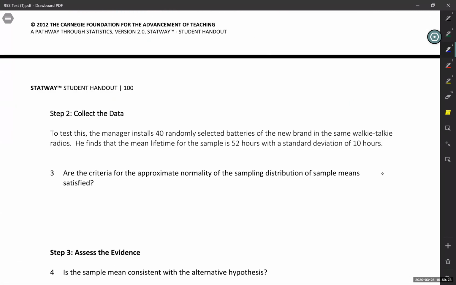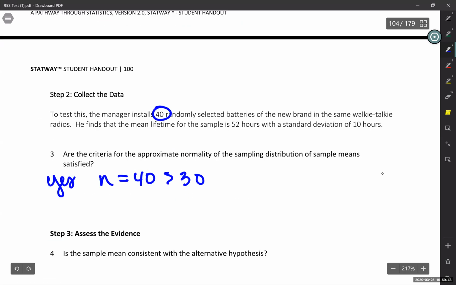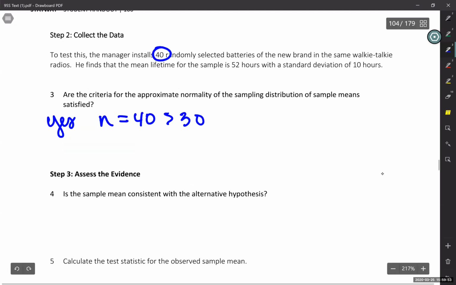Okay, so in this example, we chose 40 batteries, so n is equal to 40, which is greater than 30, so yes. If it's greater than 30, it automatically works. If it's less than 30, then the distribution needs to be approximately normal in order for you to use this test.